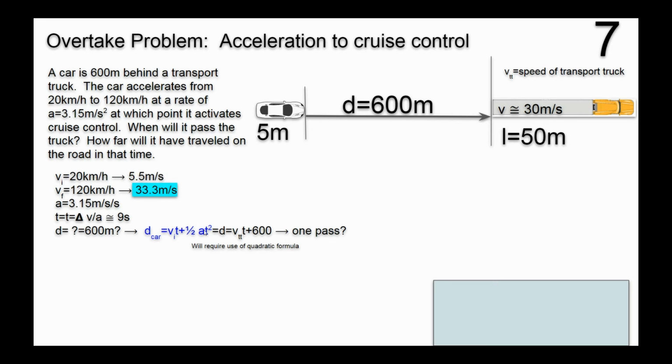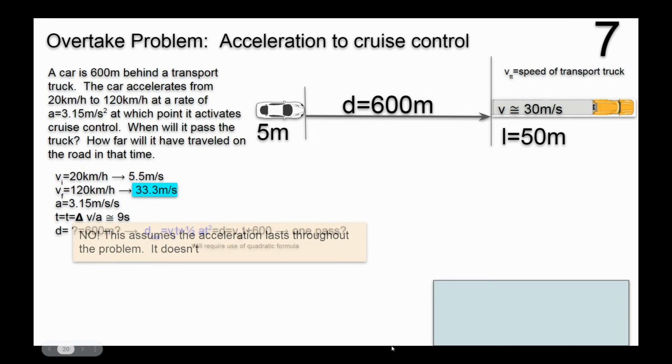You will get a time value that will solve, but only if the acceleration continued throughout the problem, and it doesn't. The car is only accelerating for 9 seconds, so it's the idea of using a one-step solution that's the problem.